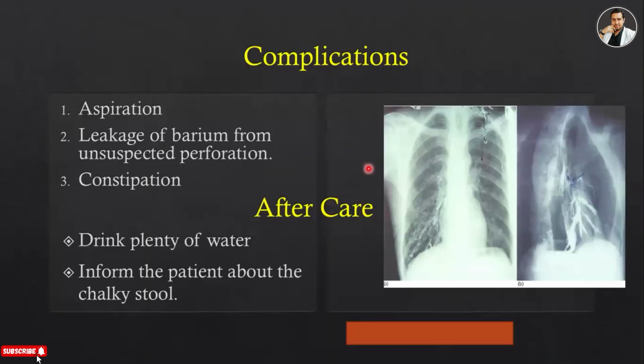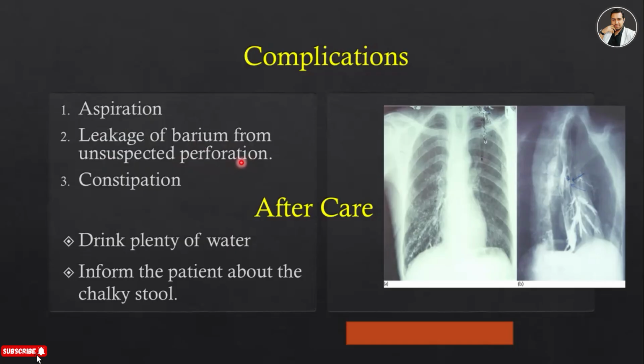And there are some complications of the barium swallow procedure. One of the complications is aspiration. So aspiration means that the patient may have breathing difficulty because the barium sulfate powder goes into the lungs through the trachea, and leakage of barium from unsuspected perforation.